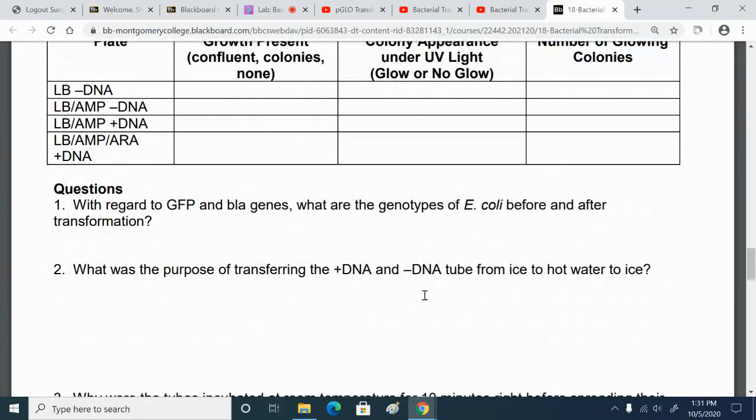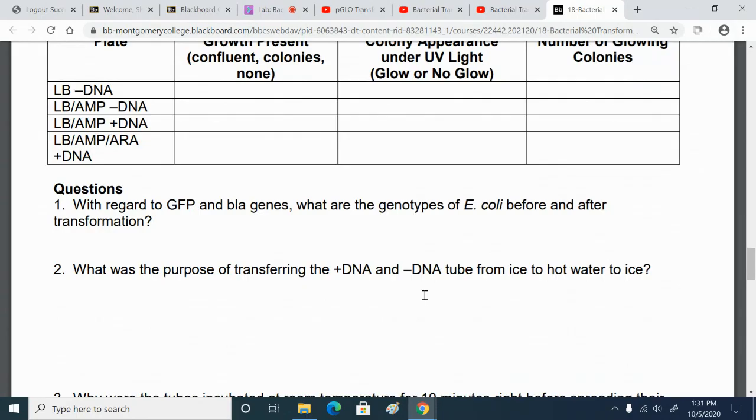So what was the purpose of transferring the plus and minus DNA tubes from ice to hot water to ice? What did we call that process? The heat shock, right. So heat shock, along with calcium chloride, made the membrane permeable so the plasmid could get inside.